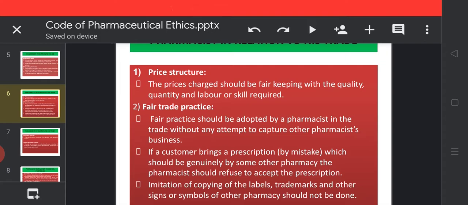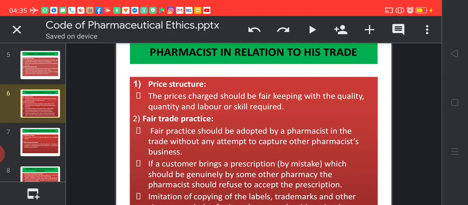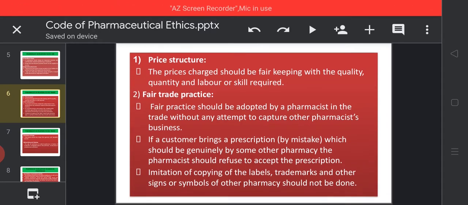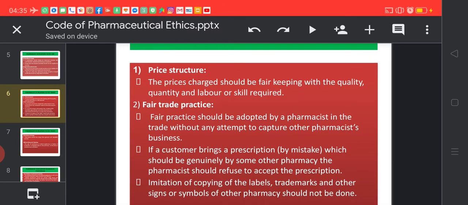Fair trade practice. So, pharmacist in relation to his trade. तो फॉर फेयर ट्रेड प्रैक्टिस जो प्रैक्टिस होना चाहिए ऐसे फार्मासिस्ट प्रोफेशंस, फार्मासिस्ट बिजनेस, it should be fair practice. If a customer brings a prescription by mistake, which should genuinely be by some other pharmacy, the pharmacist should refuse to accept the prescription.